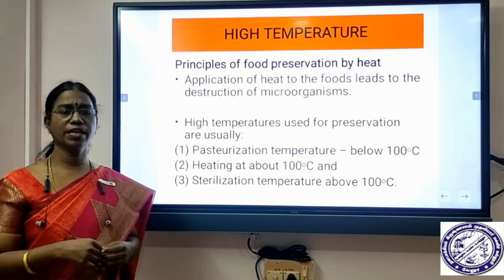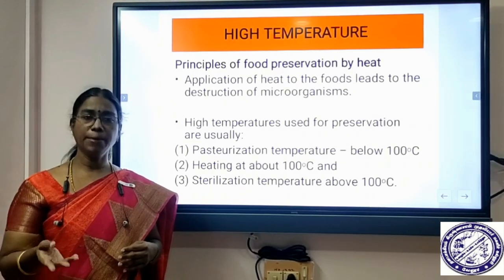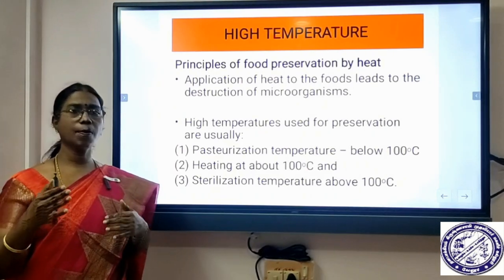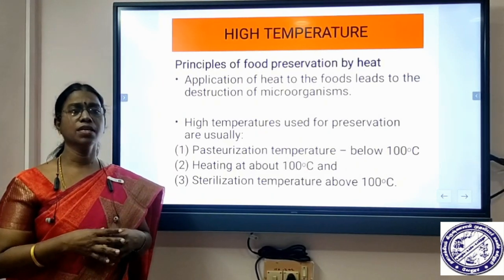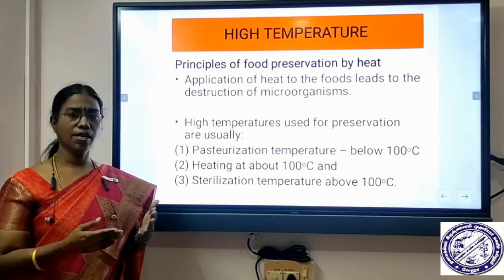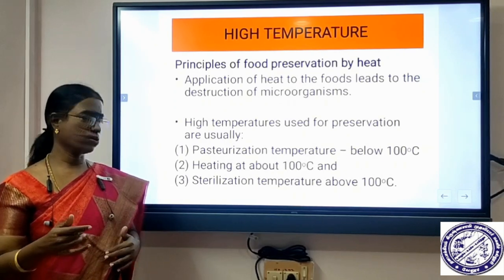This can be attained by boiling the liquid foods, or else roasting, baking, frying. These are the different methods where the temperature approaches 100 degrees Celsius. When the food approaches 100 degrees Celsius, the microorganisms present in the food will be destroyed.